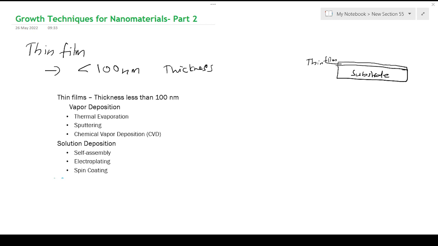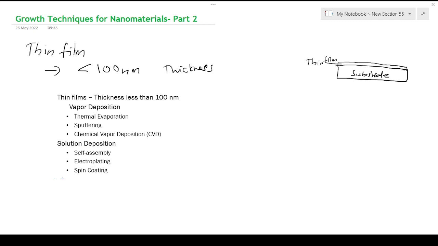Then we'll go to different kinds of preparation methods. One of the important ones is what we call epitaxial growth. Epitaxial growth means you are coating a thin film on a lattice structure, and the orientation will be identical to that of the substrate.